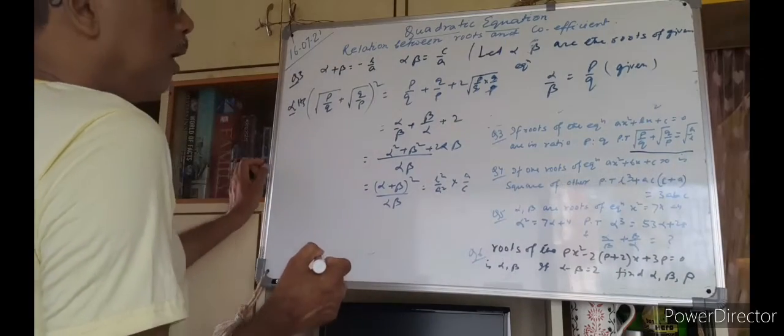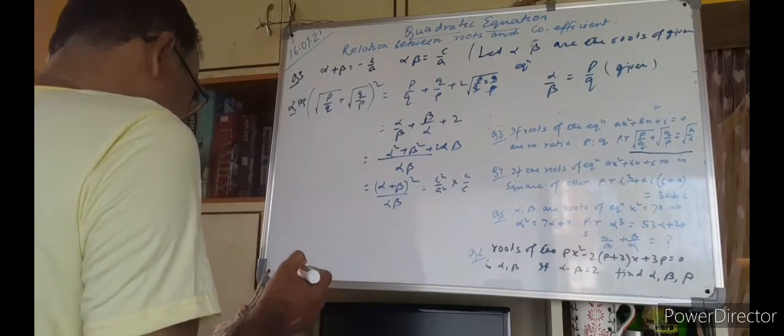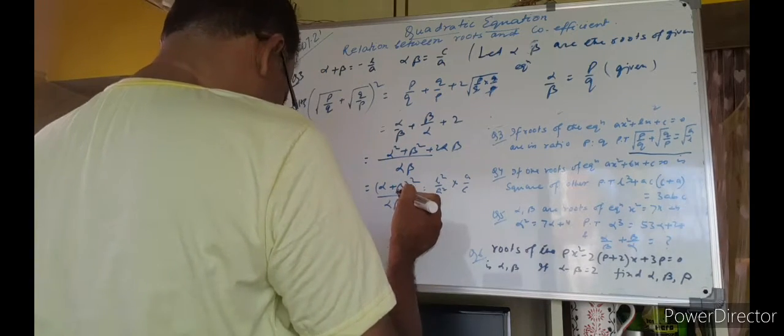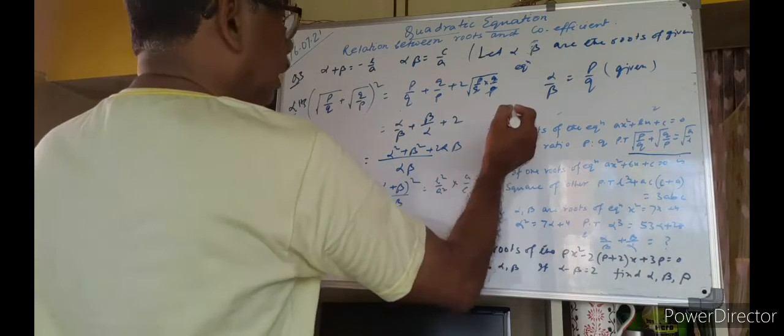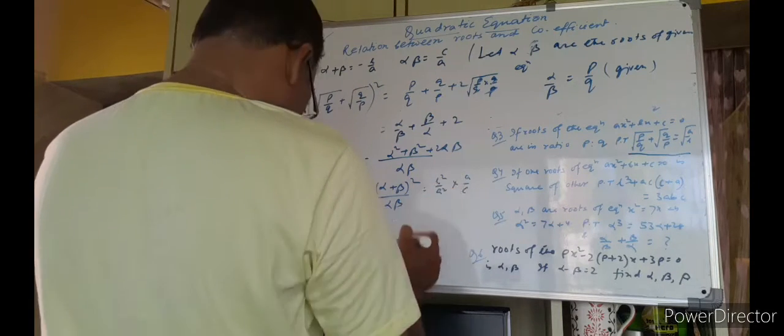Alpha beta is c by a. Alpha plus beta whole square is b square by a square.